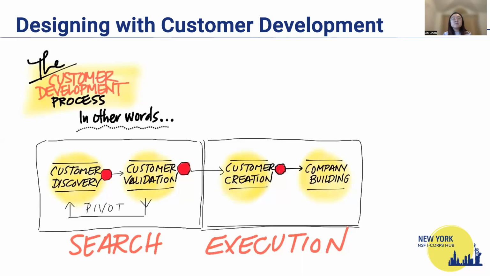So in our example of the AI drawing, our original target customer is the marketing agency, which turned out that they may not need this product as much as content creators, such as graphic designers, or they may want the resulting product in a video format instead of just images.